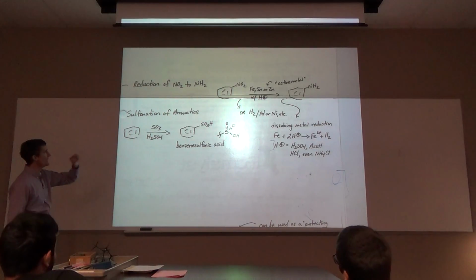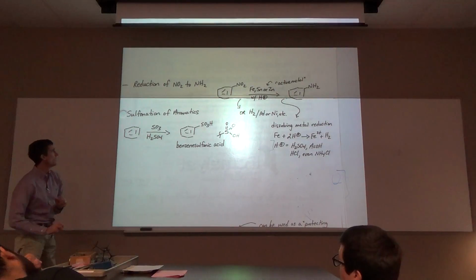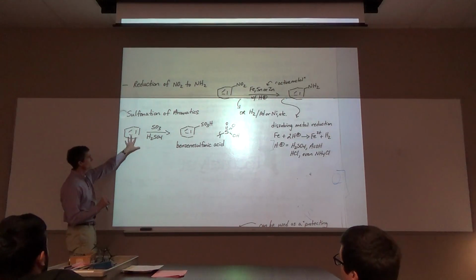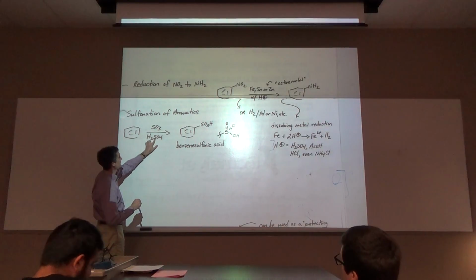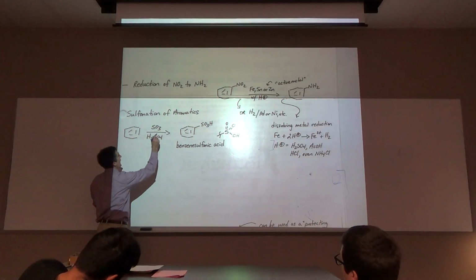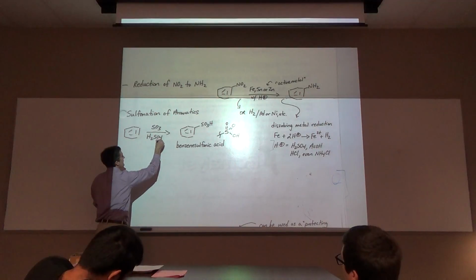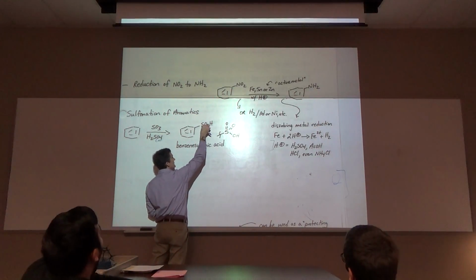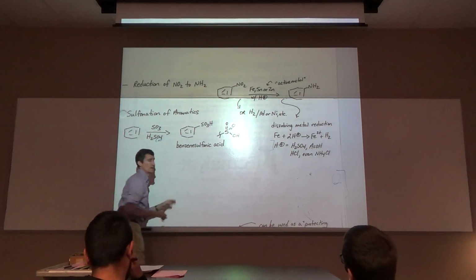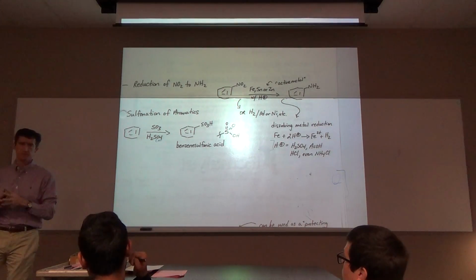Next reaction for aromatics, sulfonation. You can react benzene or benzene derivatives with sulfur trioxide, sulfuric acid, catalyst. We can get the SO3H, which is a benzene sulfonic acid. Sulfonic acid was not on our functional group list.